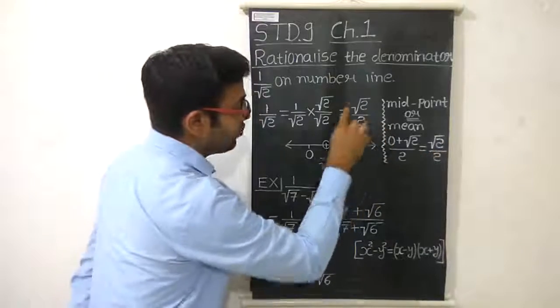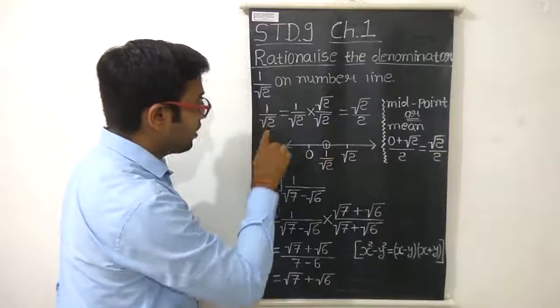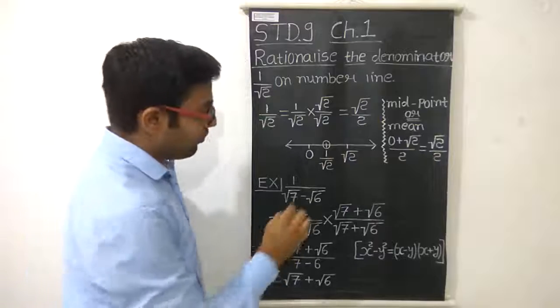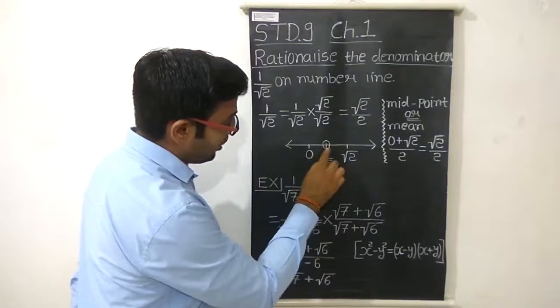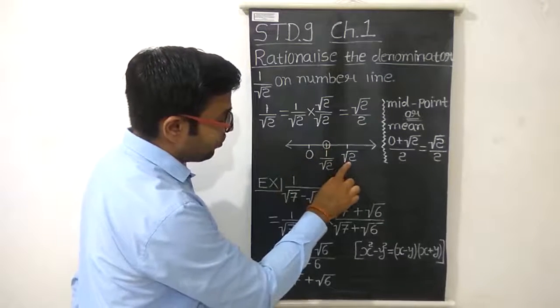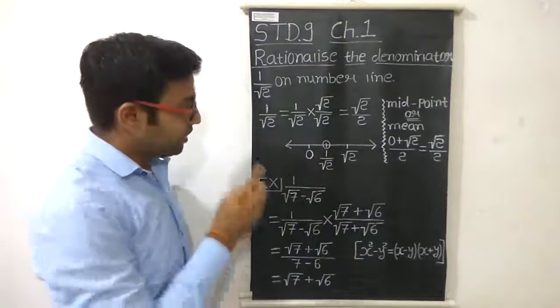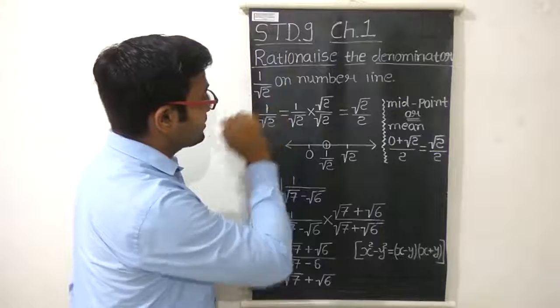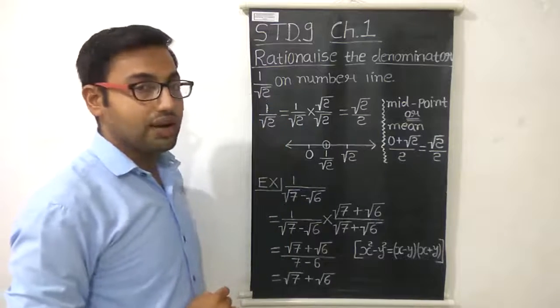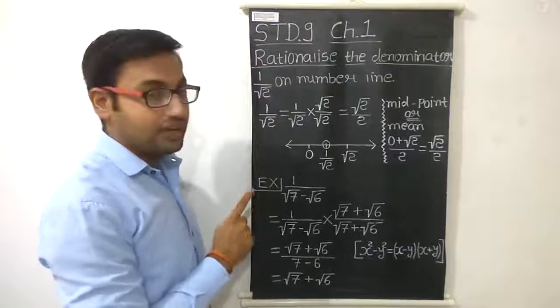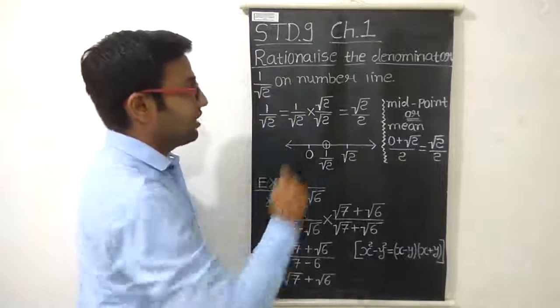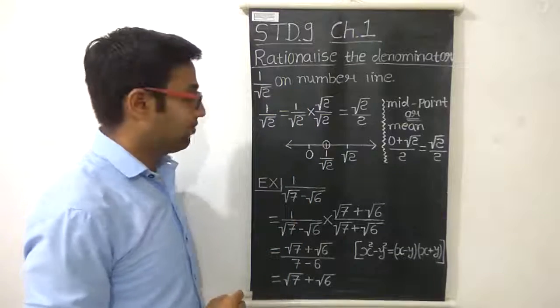And under root 2 by 2 is 1 upon root 2. So we can say that this point between 0 and under root 2 is 1 upon root 2. In this way we can represent this kind of number on the number line. So now it is also clear why we have to rationalize the denominator, right?